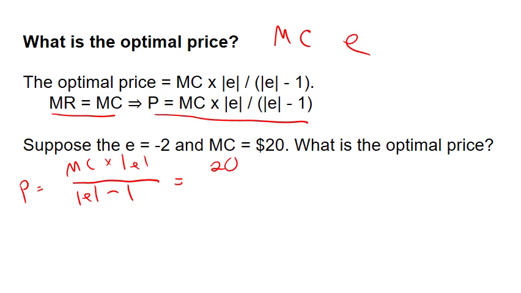We've got $20 times 2 divided by 2 minus 1, which equals 40 over 1, which equals 40. The optimal price is $40.